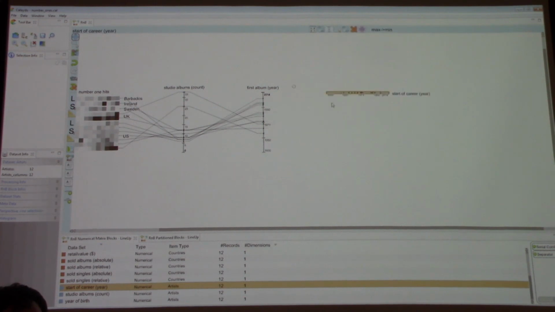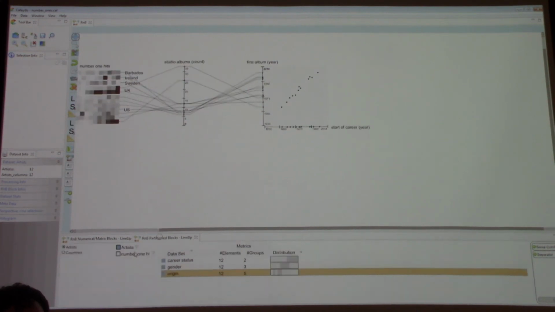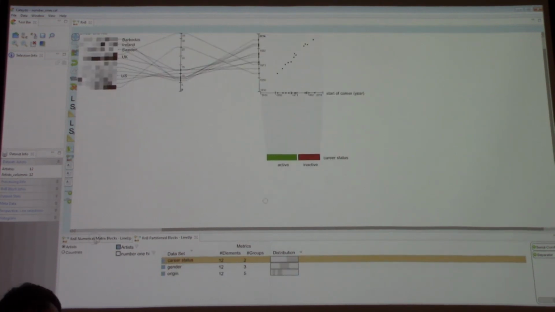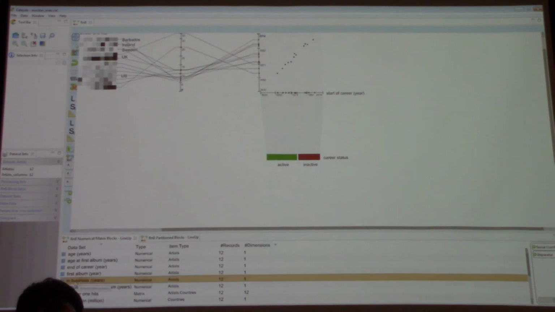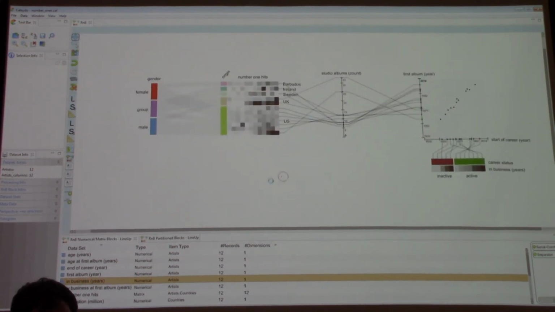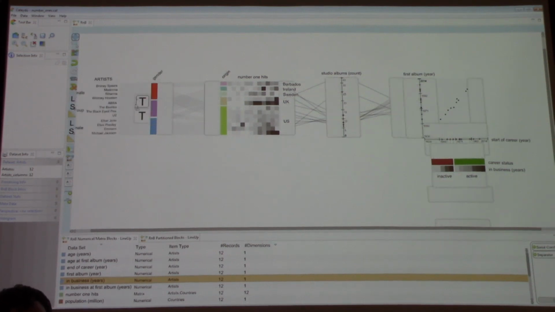Blocks can be transposed. Sorted and enhanced with labels.